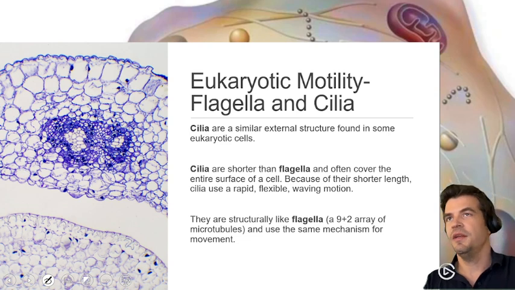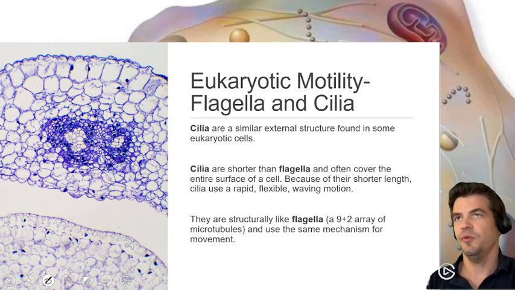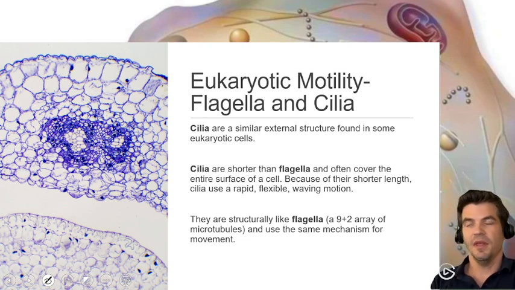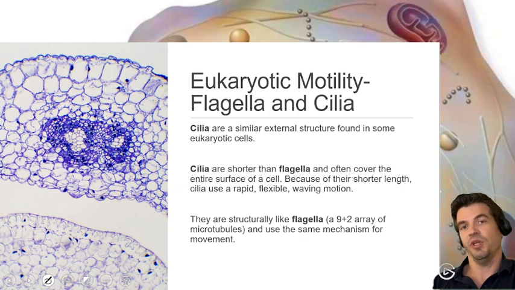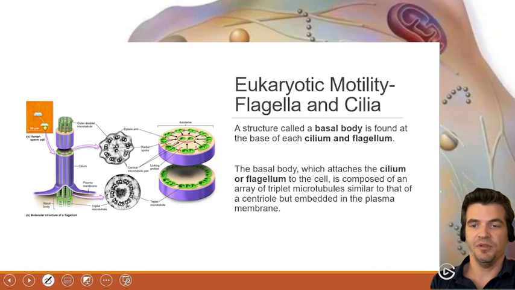And we'll end our talk with eukaryotic motility. We saw these in the lab. Eukaryotic motility is pretty important. You did a whole lab report on it, and we want to see flagella, we want to see cilia. The cool thing about these guys is that they are exactly the same structurally.